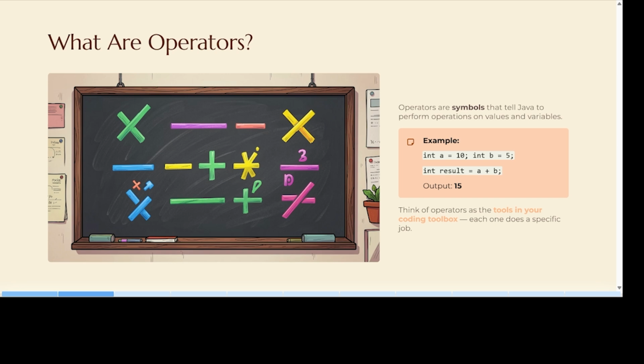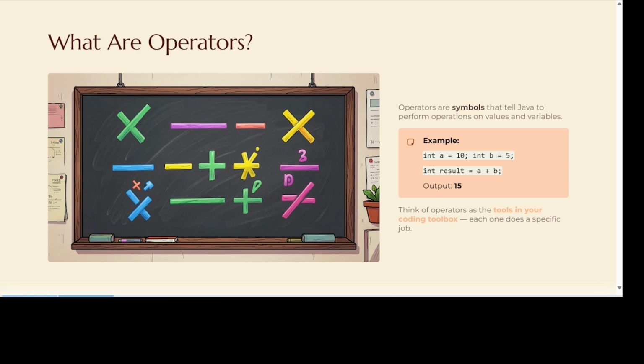The result is stored in the result variable, which is also an integer. The output will be shown as 15, right? So we declared two variables with values and performed the addition operation. This is how the operator works here. I will explain the practical part later.